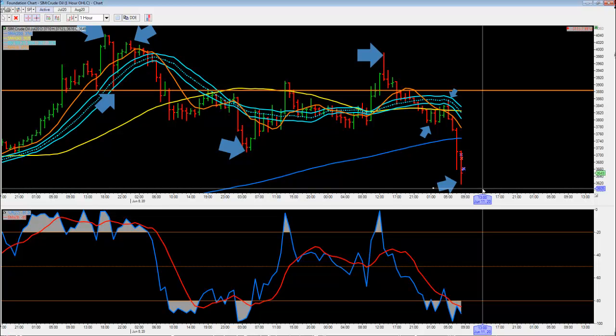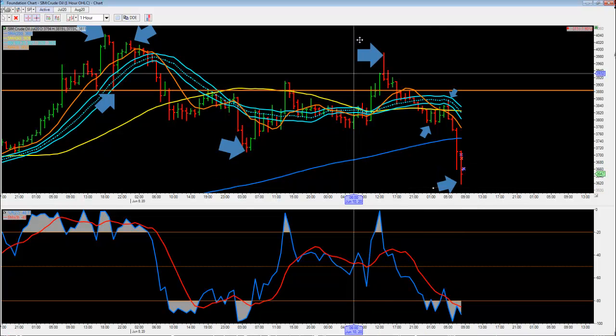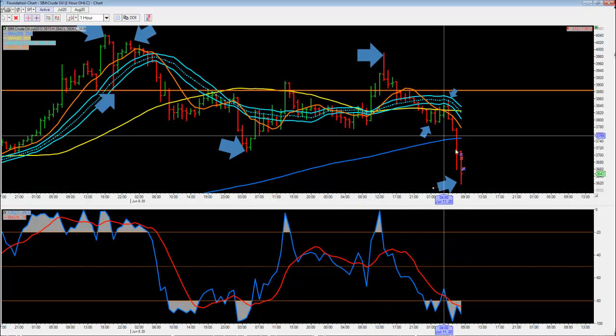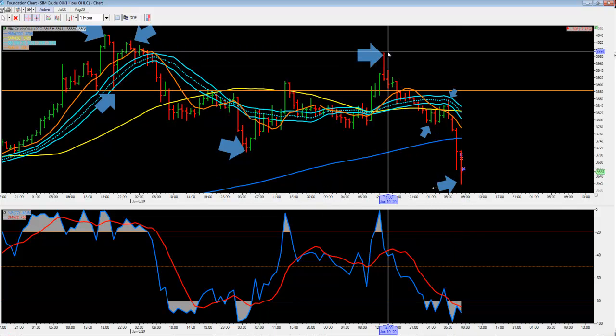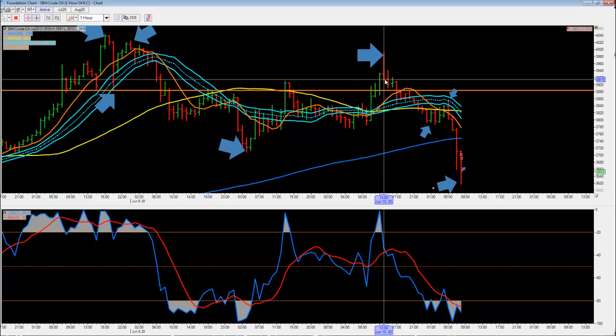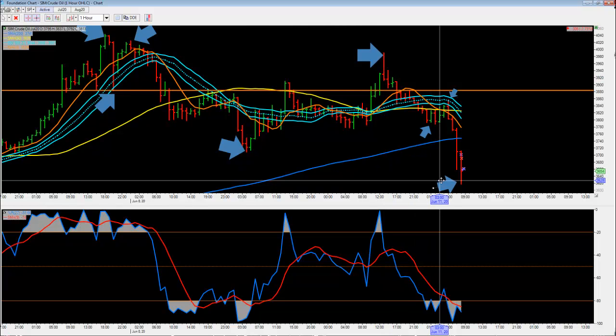Interesting. Nice swing trade there. There's your signal bar right there. So this whole move right now is worth, what, $3? 2.5?